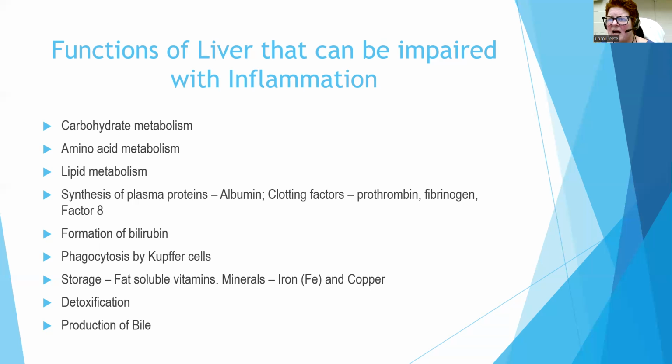Also, the clotting factors like prothrombin, fibrinogen, and factor VIII. So all of those things are very important to know, that for functional impairment, if those clotting factors are not there, then the patient has a propensity to bleed. Okay, so platelets can be affected as well. So the platelet count.